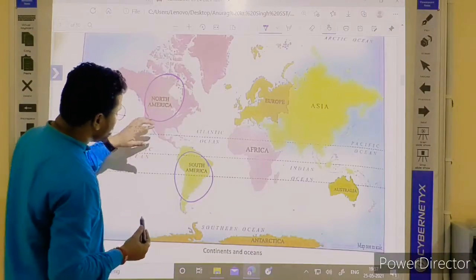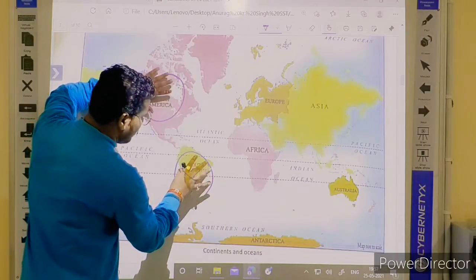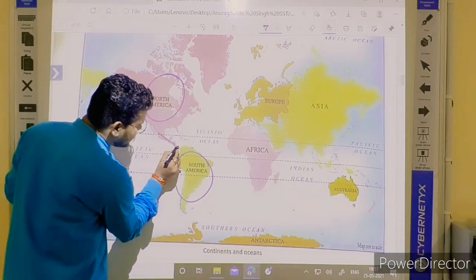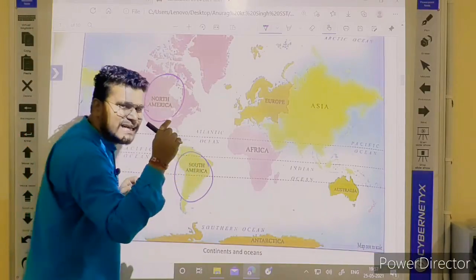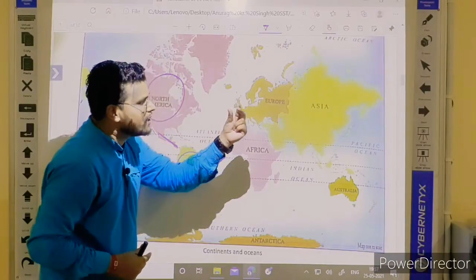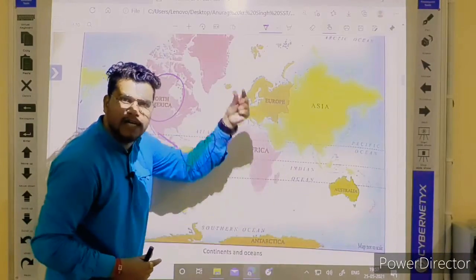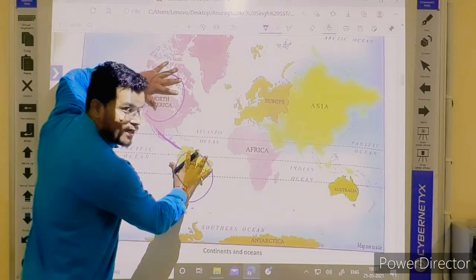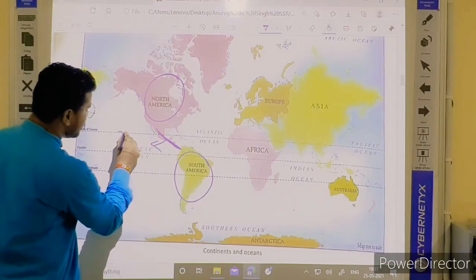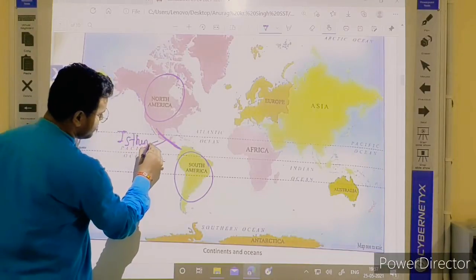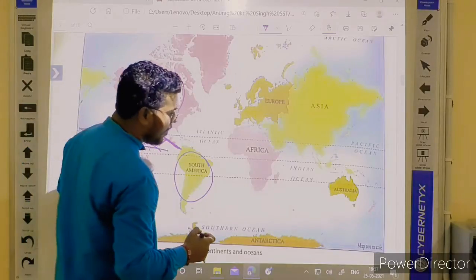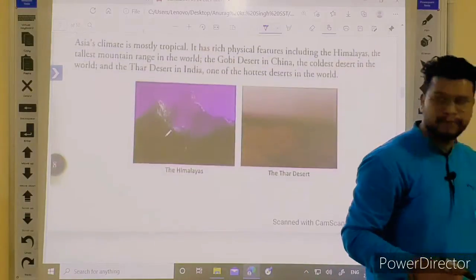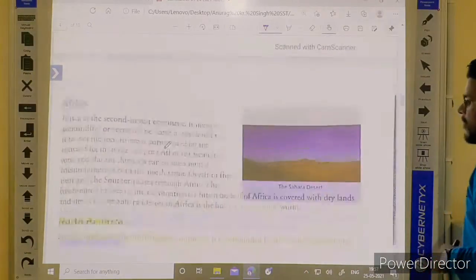Both large land masses, meaning continents, are connected with a strip of land. This strip of land that connects two large land masses, we call it an isthmus. Now let us come to our question, and the name of the isthmus is of course Panama.